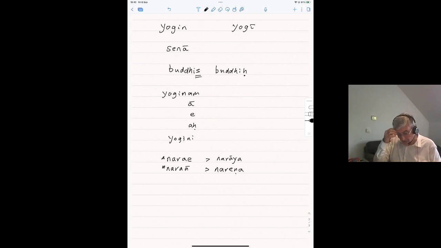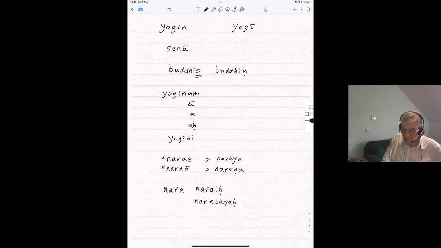The departure from it is the instrumental plural, say for instance nara, a man. Instrumental plural is narai. And the dative and ablative is narebhyah, with this bhyah ending typical of the dative and ablative plural.